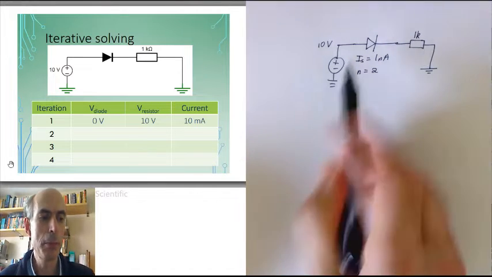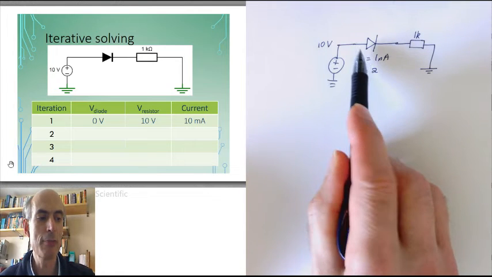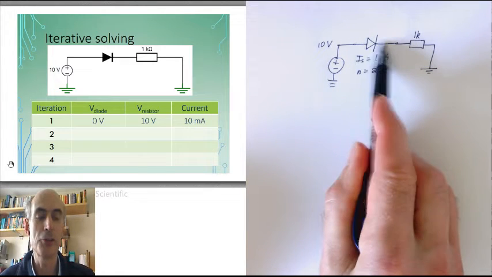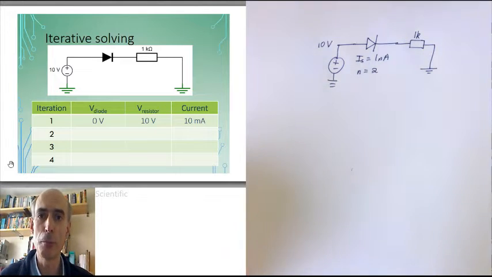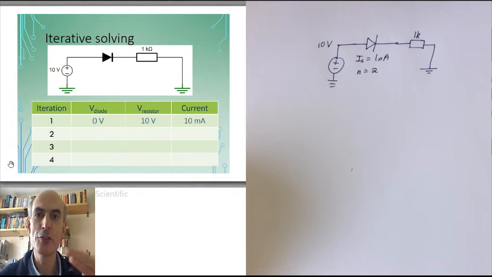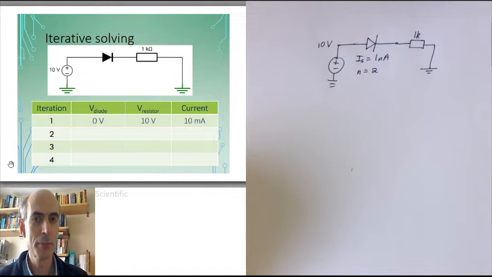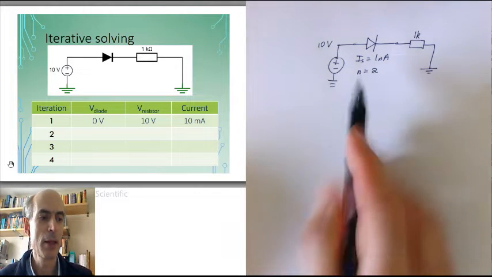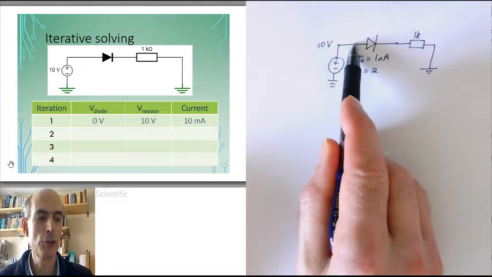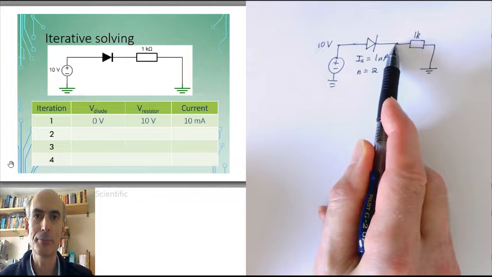In general, it would be better to guess a voltage across a forward biased diode like this to be around about 600 millivolts or so. The closer your original guess is to the right answer, the fewer iteration steps you have to do. But in this case, just to show the method, I will take an intentionally not very good guess and start off assuming that the voltage across this diode is 0.